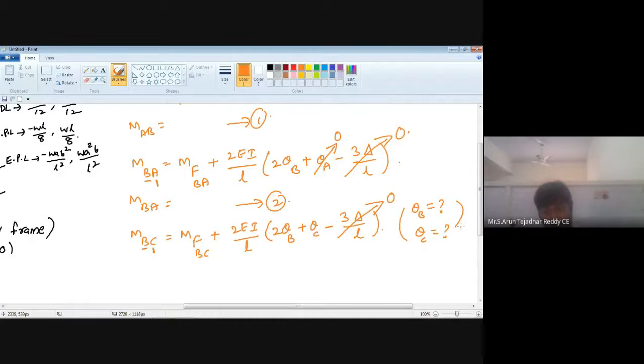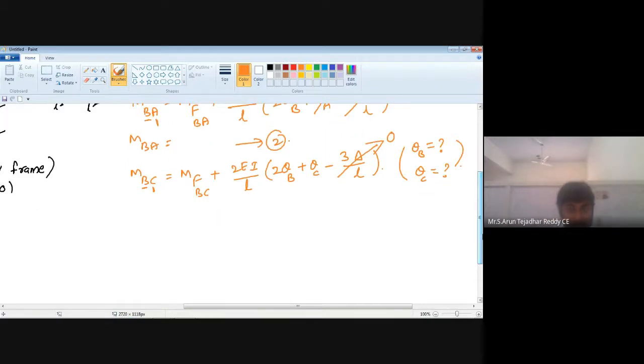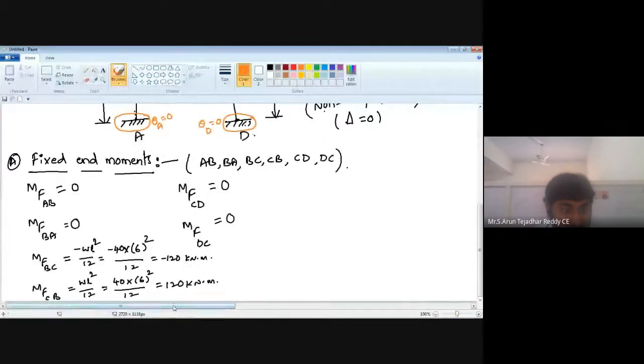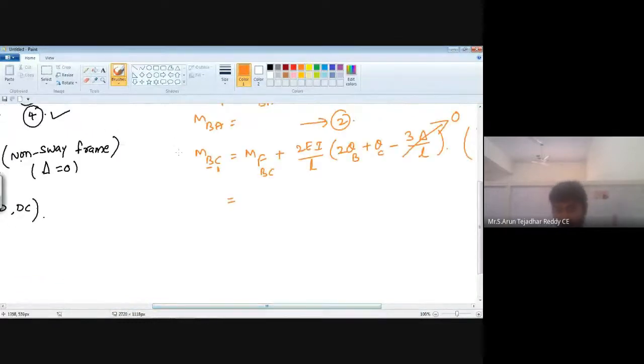B and C are the intermediate supports, so we will have some slope values at B and C. Up to here clear? Next, here don't confuse. MFBC, already you know the value: it is minus 20 plus... in this point don't confuse.